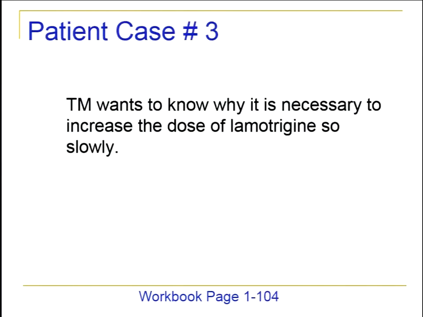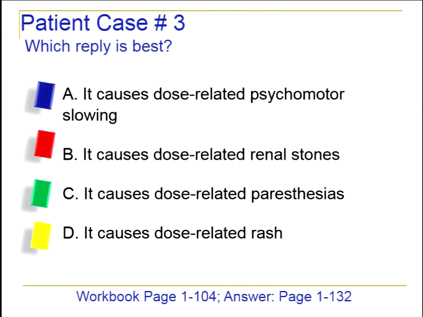Okay, so same patient wants to know why it's necessary to increase the dose of lamotrigine so slowly. And you say, it causes dose-related psychomotor slowing. It causes dose-related renal stones, dose-related paresthesias, or dose-related rash. All right, good. It does cause dose-related rash.